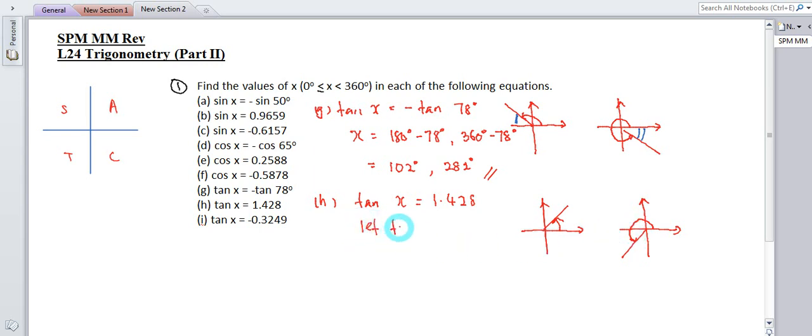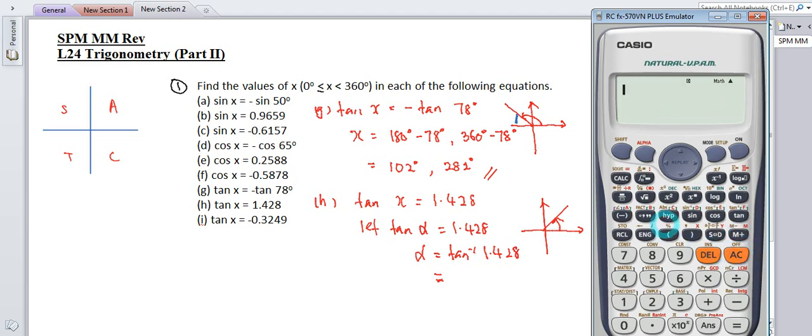Let tangent alpha equal to 1.428. Okay, then press the calculator. Shift tangent, 1.428, equal. Okay, so we round off, we will get 55 degree.